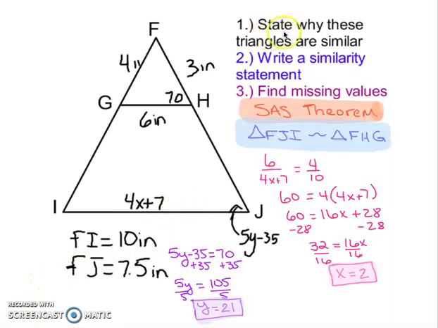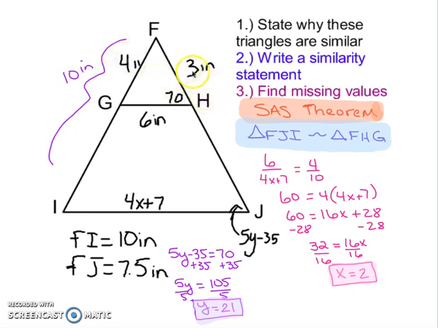So for the first question, state why these triangles are similar, we would have to state one of the theorems if it applied, and in this case we do have the side angle side theorem. Okay, so we can see that we have corresponding sides, and I could have filled those in too, so I can do that right now. This right here would be your FI, sorry, which would be 10.